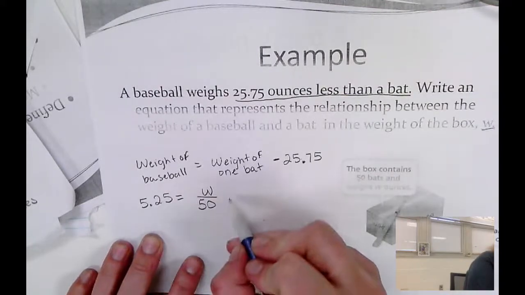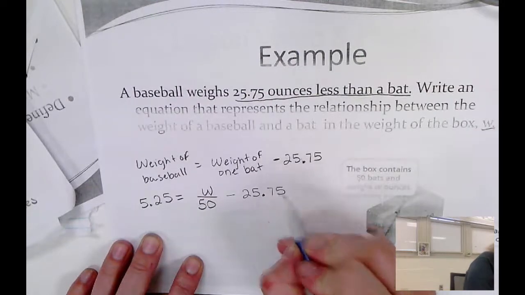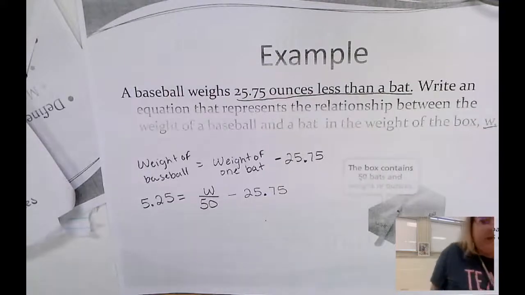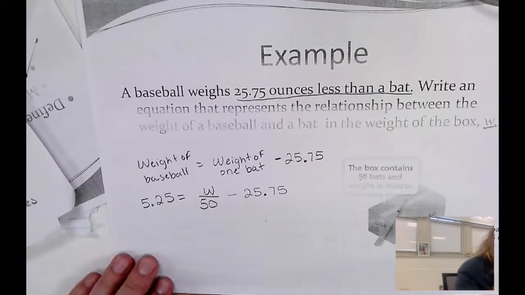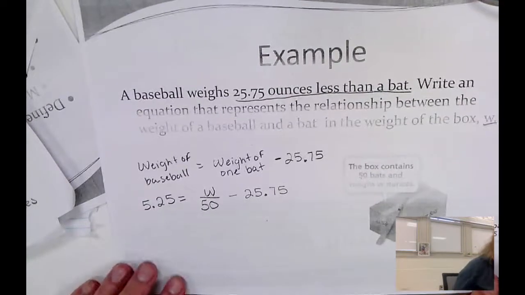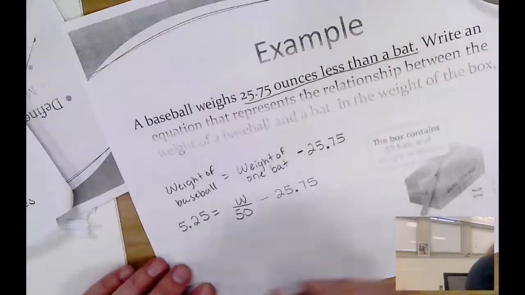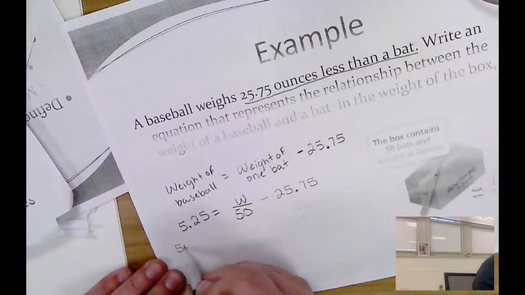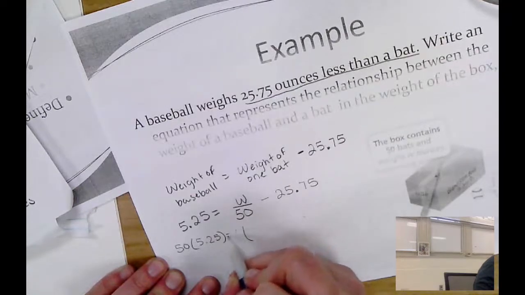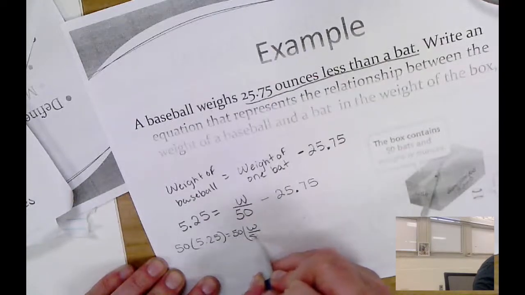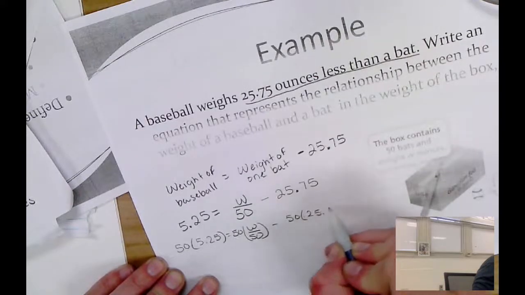Well, if I were to then solve this, I can use my operations. I have a fraction, so I need to eliminate my fractions by multiplying by my least common denominator, so I can multiply everything by 50. So 50 times 5.25 is 262.5. Remember that our 50 and 50 will cancel out.